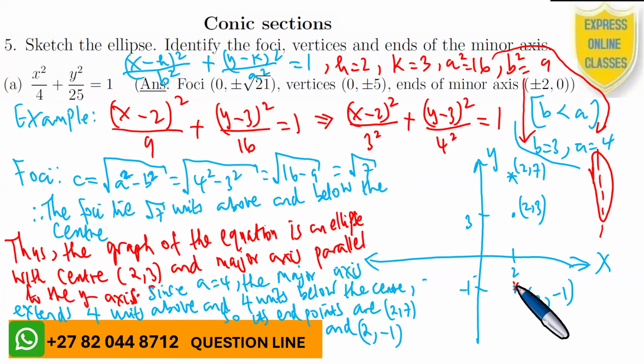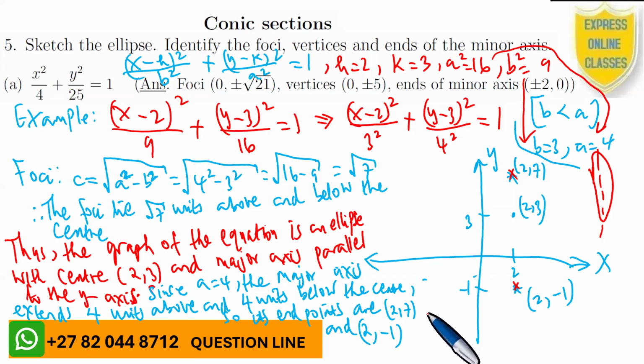We are still continuing with our analysis of the ellipse. So we shall look at more things. Let us analyze what is going to happen with the minor axis.